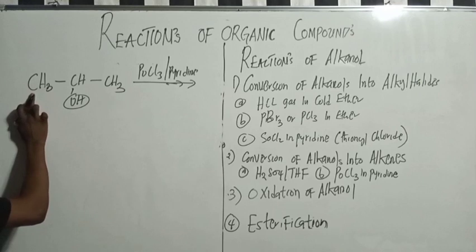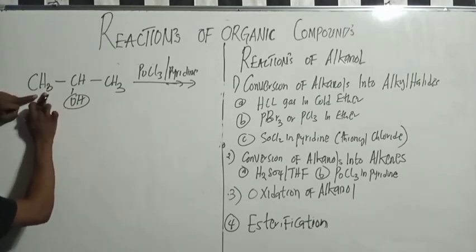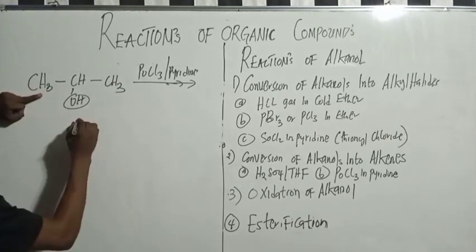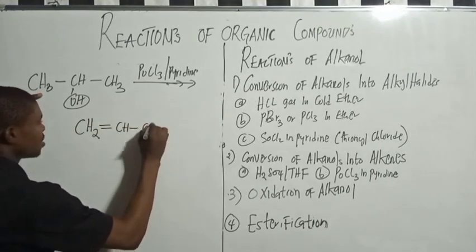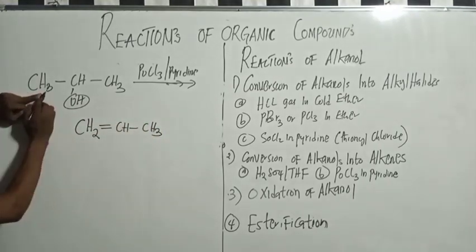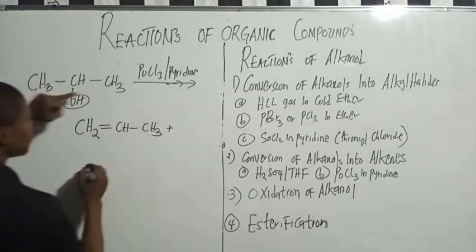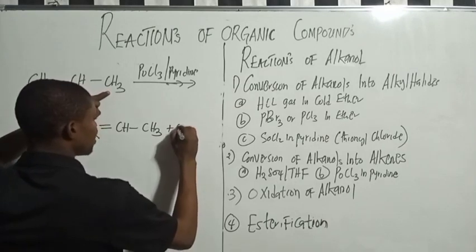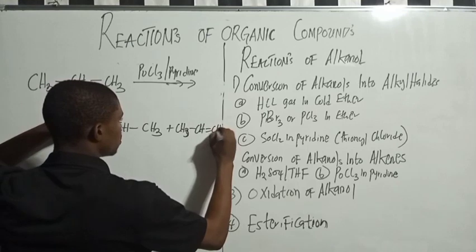Now, if I remove hydrogen from here, how many hydrogen do you have here? Three hydrogen. If I remove one hydrogen from here, that becomes CH2 double bond CH, then CH3. That is when I remove hydrogen from this point. If I remove hydrogen from the other point, you're going to have CH3, CH, CH2.